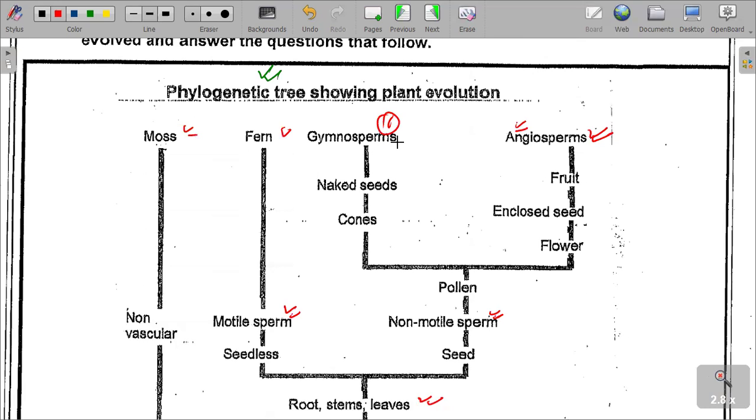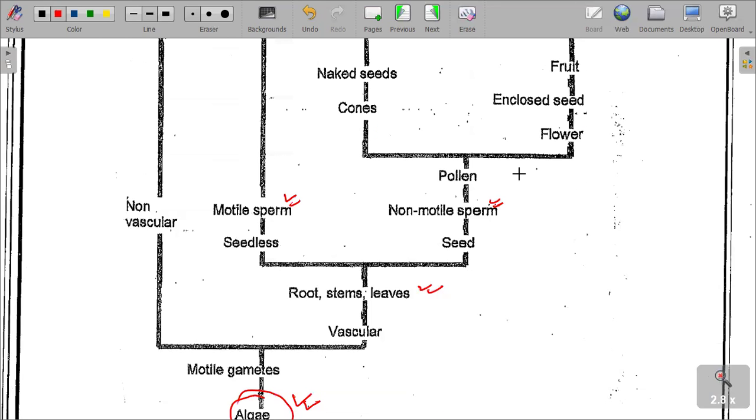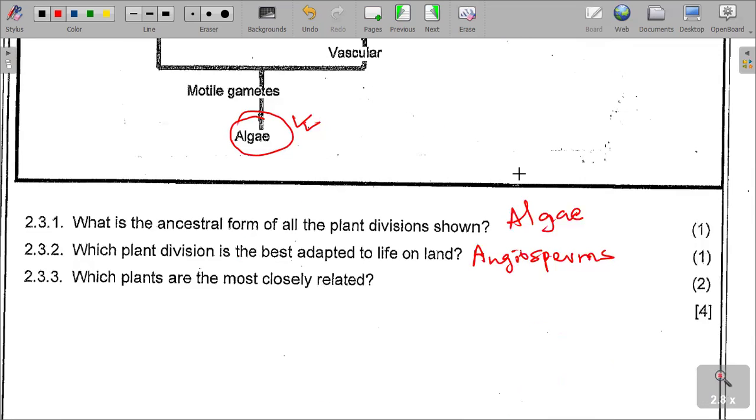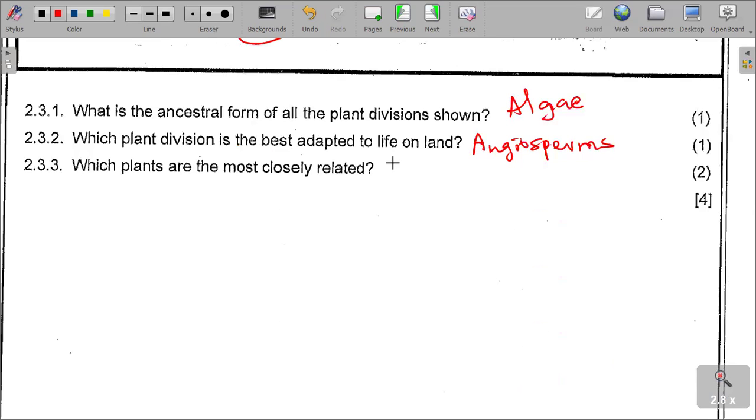It is the gymnosperm and the angiosperm in this case. They are the closely related plants.